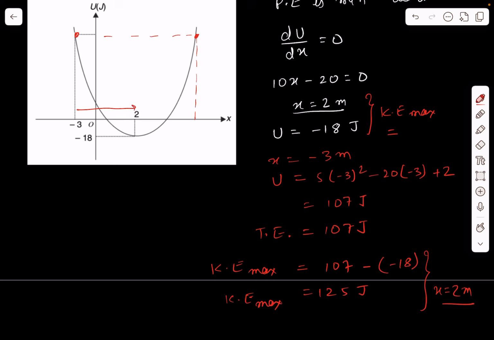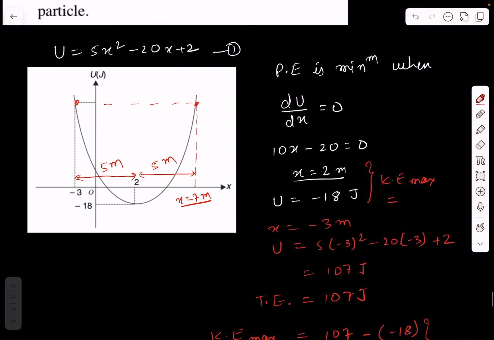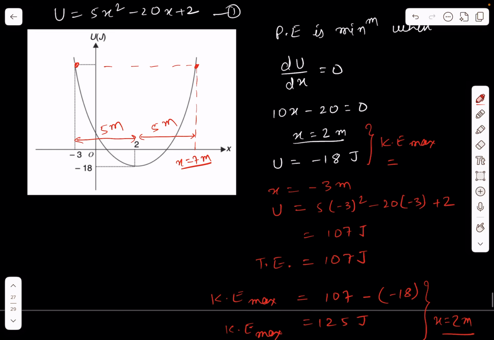This interval you can see is 5 meter between x equal to minus 3 and x equal to plus 2. So if you add another 5 meter to x equal to 2, you will get the x coordinate easily. So x equal to 7 meters will be the final coordinate, in fact the maximum x coordinate that the particle will travel.